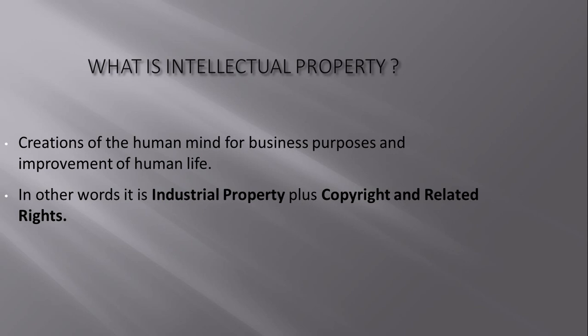And the main tenets or the main branches of intellectual property are industrial property and copyrights plus related rights. So under industrial property we will be talking about patents, utility models, trade secrets, etc. Under copyrights, that's where we will be talking about things to do with literary and artistic works, so written works.